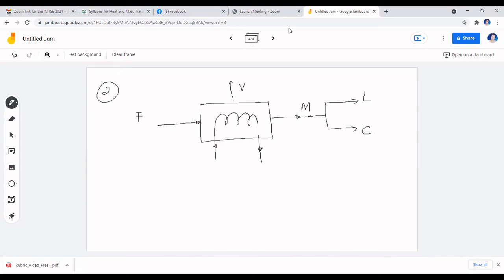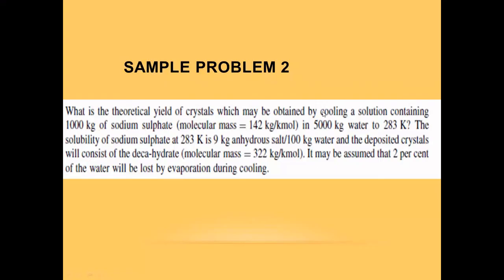Okay, let me go back to the PowerPoint. You cool a solution containing 1,000 kilogram of sodium sulfate, this is the molar mass, in 5,000 kilograms of water to 283 Kelvin. So the preposition "to" here tells you that this is already the temperature inside the crystallizer. Okay, so take note of the given.